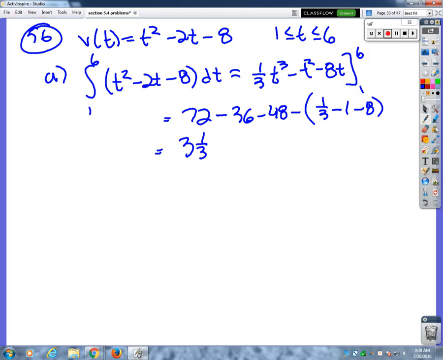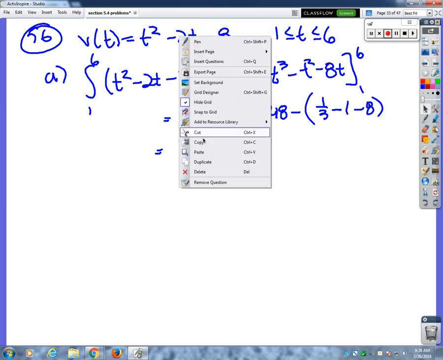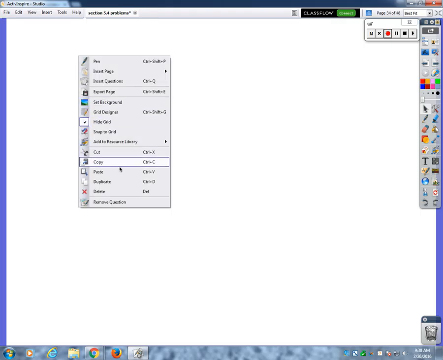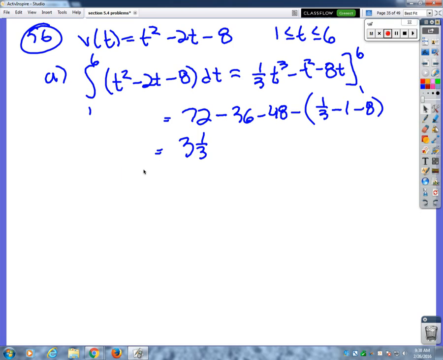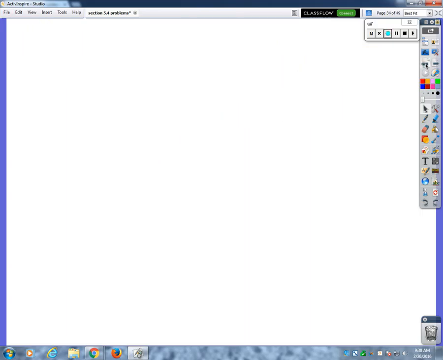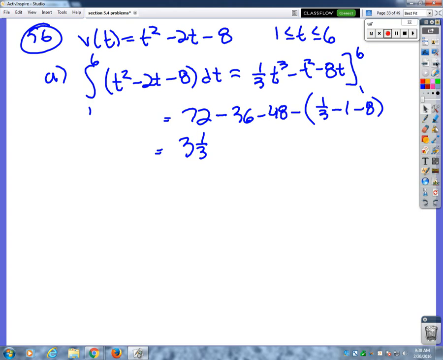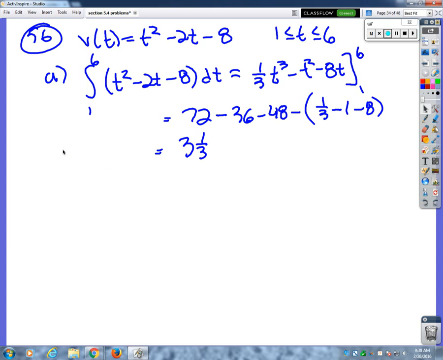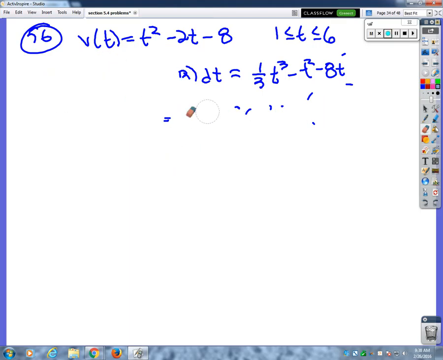Now for B, this is where things get a little dicey. Okay, for B, now we have to first figure out what?